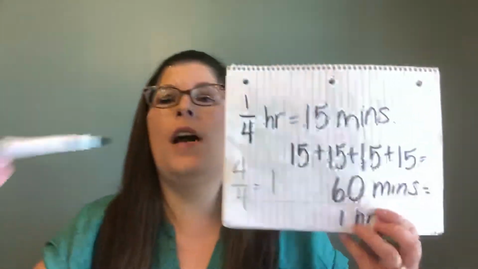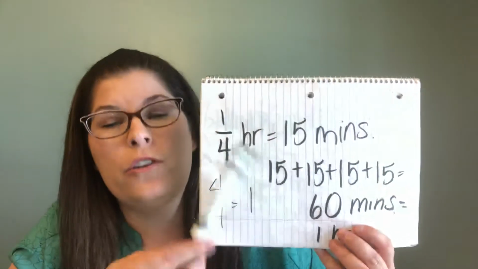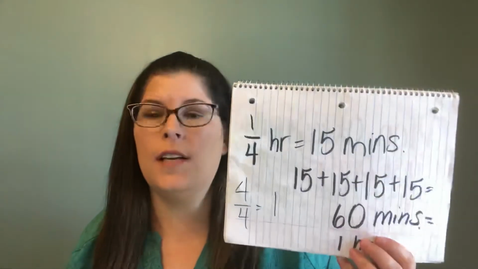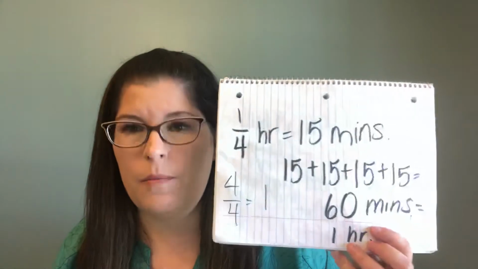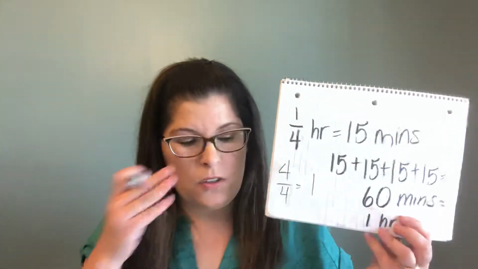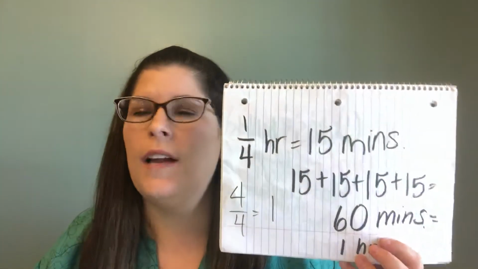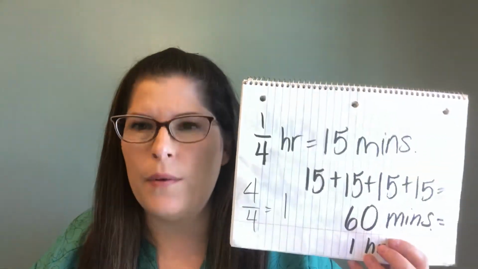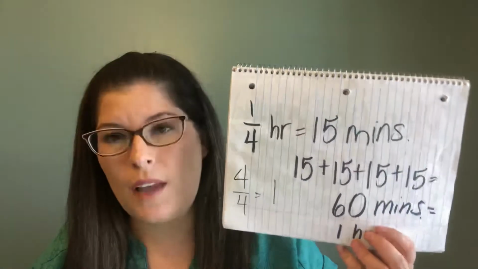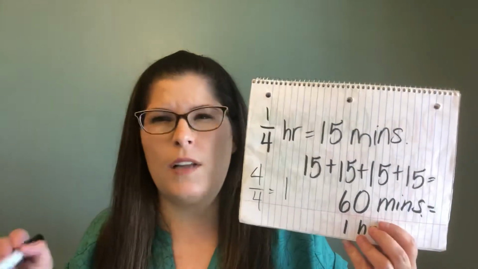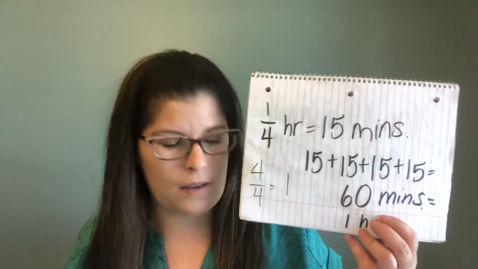Then I want you to find out how many quarters she's used up and see how many quarters she has left. This is a multi-step problem, okay? So you're gonna find out how much time does she have left. If you put that in quarters of an hour, I'm okay with that. If you put that in minutes, I'm okay with that. I just want you to try your best. Like I said, I might put my own answer key up on Google Classroom for this because this is complicated.